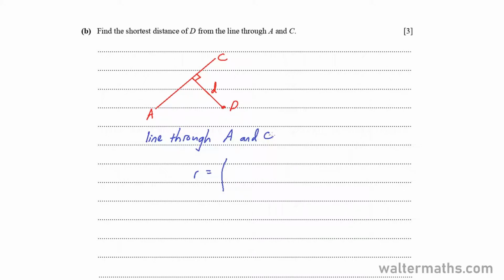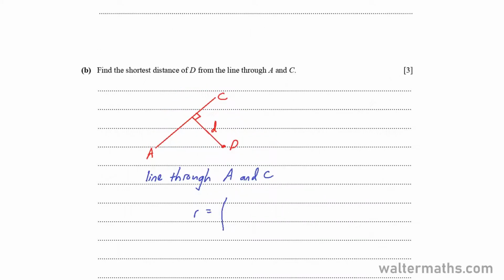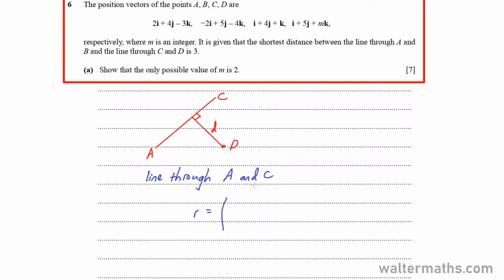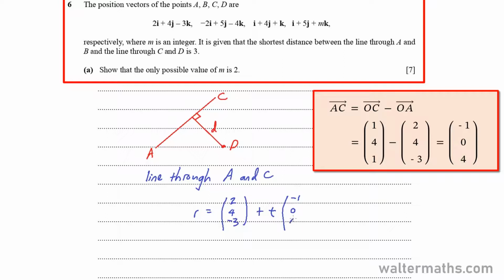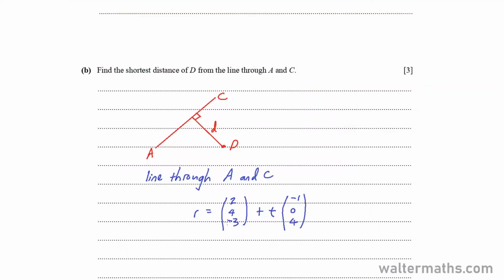So we can either take A or C. So let's take A. And from the question, A is this vector here, which is 2, 4, minus 3 in column vector form. And it's going to be plus, and I'll use the letter t here. The direction vector of AC, which is OC minus OA, and that's going to give us minus 1, 0, 4. So this is the equation of the line through AC.